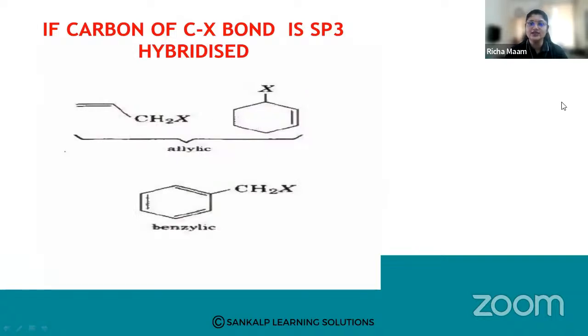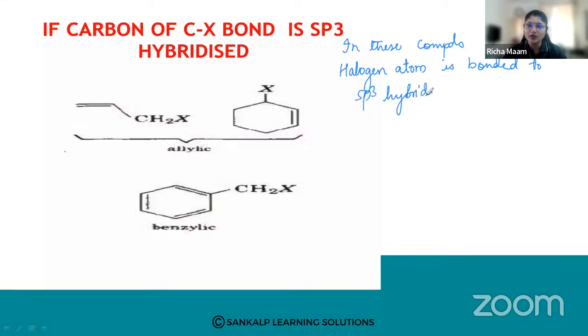In allylic halides, the halogen atom is bonded to an sp3 hybridized carbon atom next to a carbon-carbon double bond.